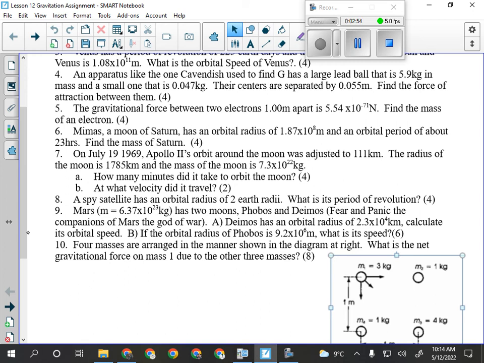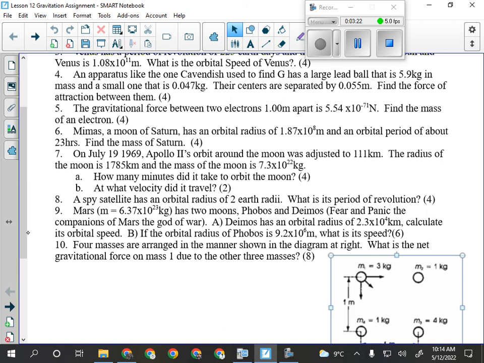You may want to make a note of that, because were you to orbit the moon at a center-to-center distance of 111 kilometers, you would be inside of it. So that 111 kilometers is measured from the surface, and you're given the mass of the moon there.